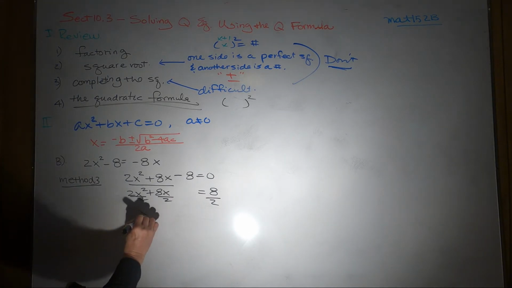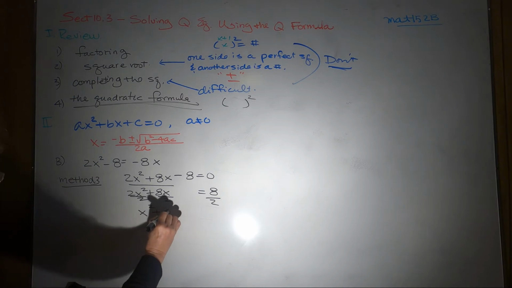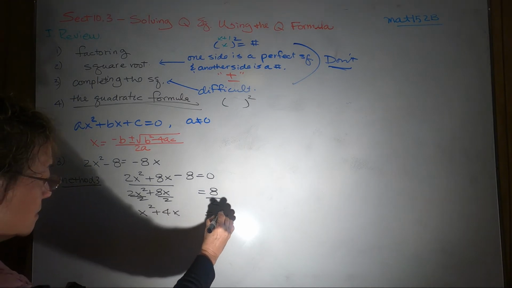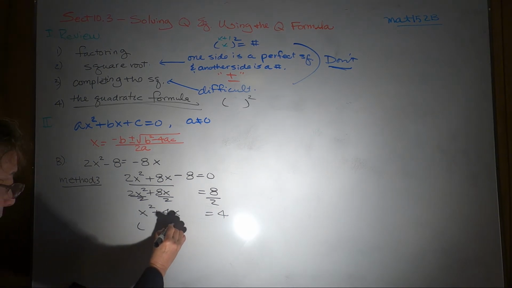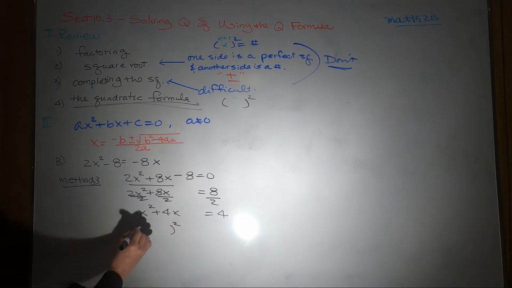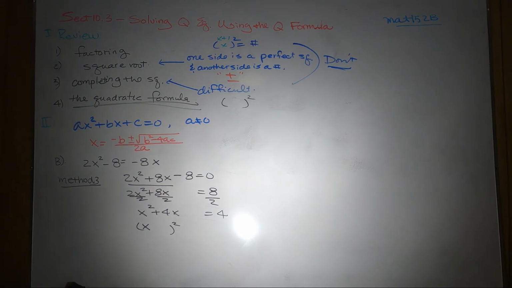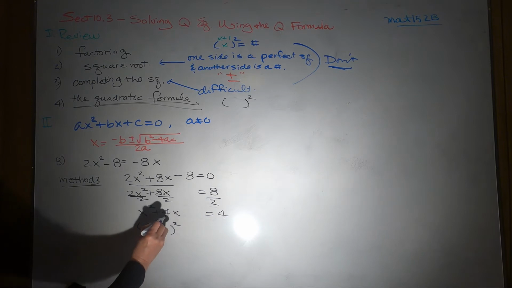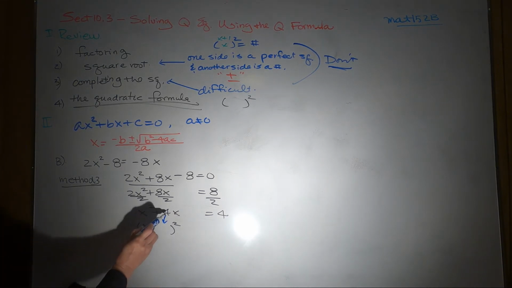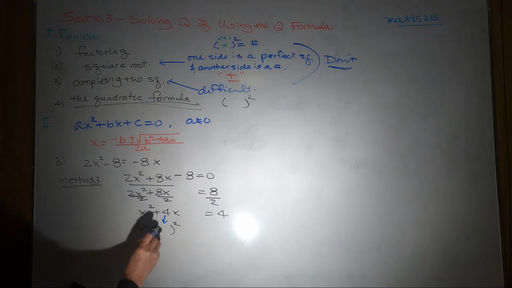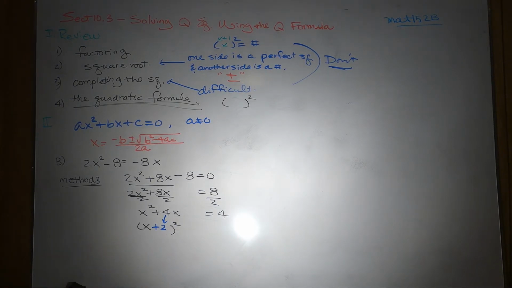Then what do we have? x squared plus 4x equals 4. We want to make one side a complete square. To do that, you need a number to make a square: half of b. 4 is b, half of it is 2.